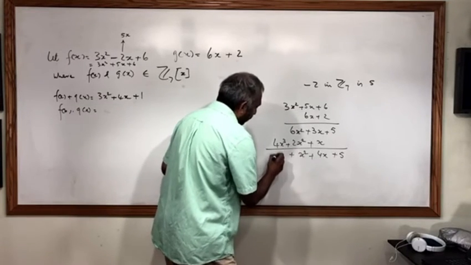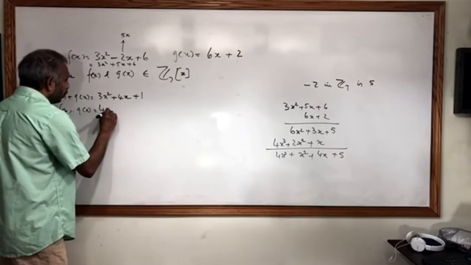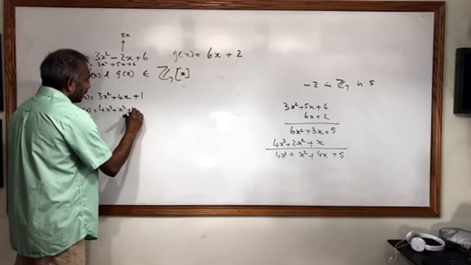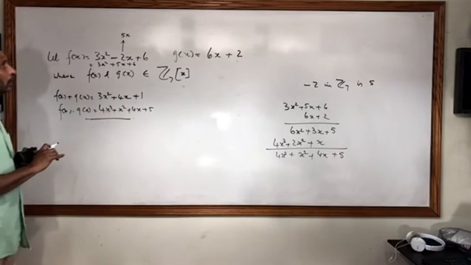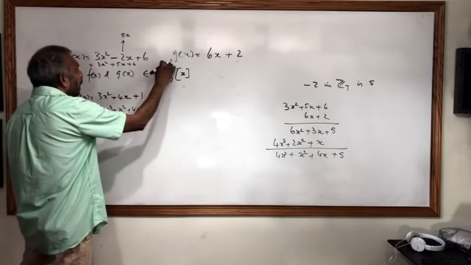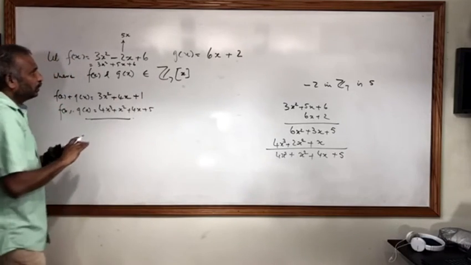So this is 4x cube plus x square plus 4x plus 5. So we are taking the polynomial over a field other than Z of x. That is what I want to show you here.